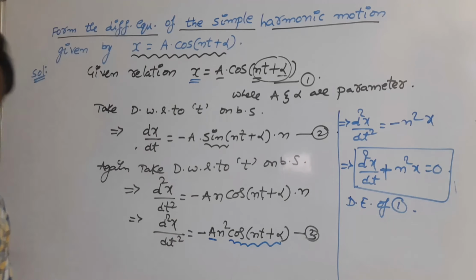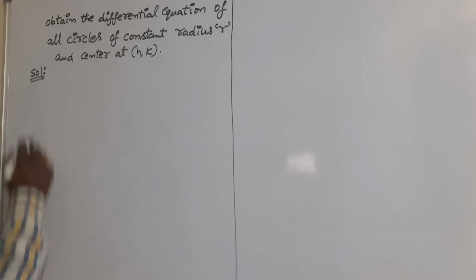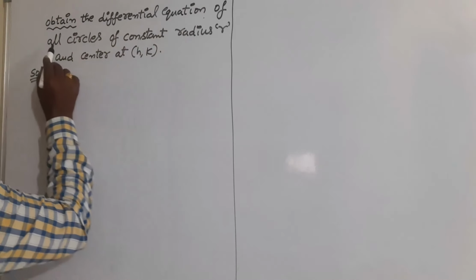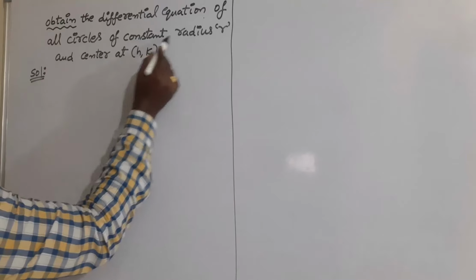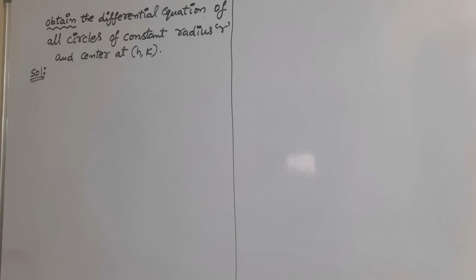See the next example. Obtain the differential equation of all circles of constant radius r and center at h comma k. So here you have to write the equation of the given family of circles also.